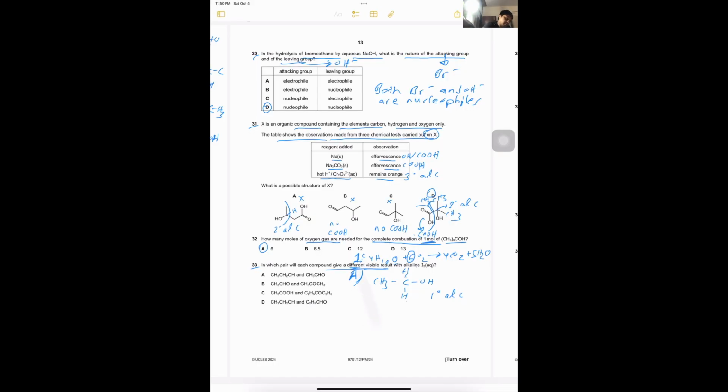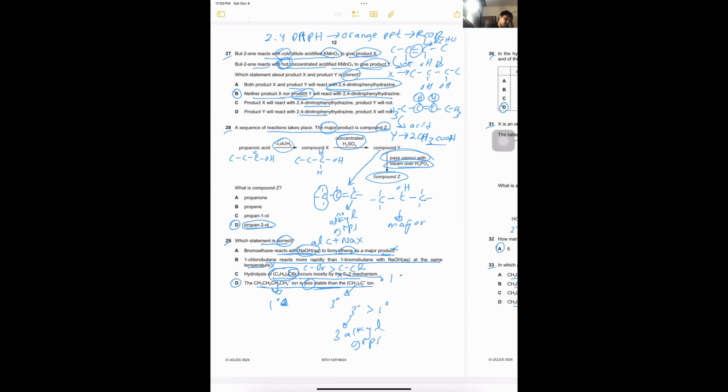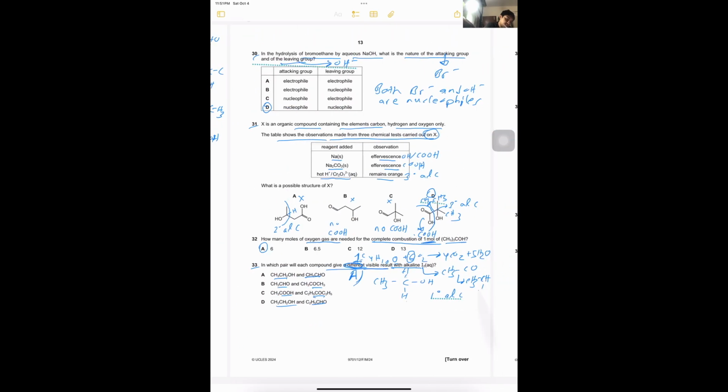So it is asking for different visible results for both of the compounds in each option with I2. So I2 gives yellow PPT when there is this group, or when there is a CH3CHOH group. So these are the 2 times it will give yellow PPT.